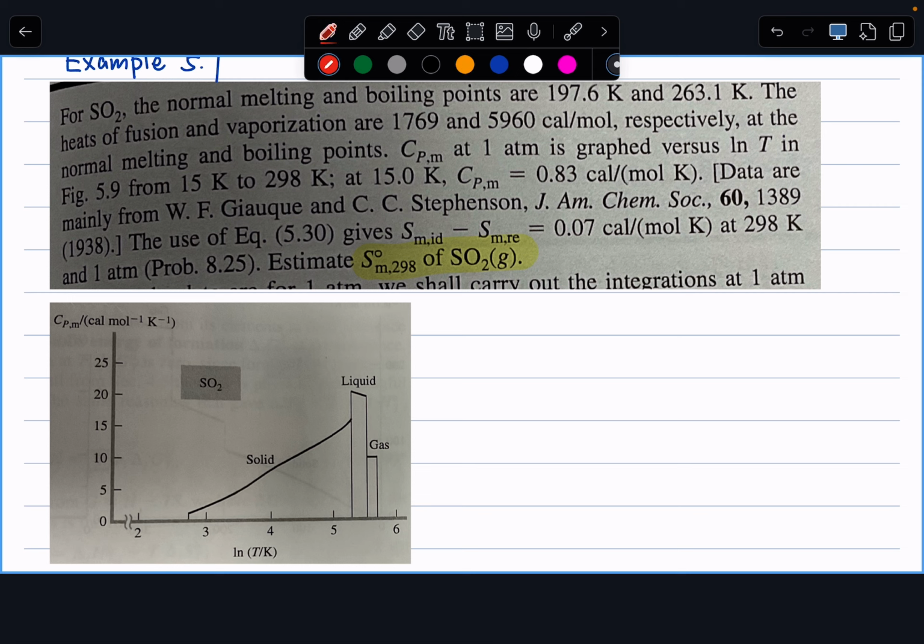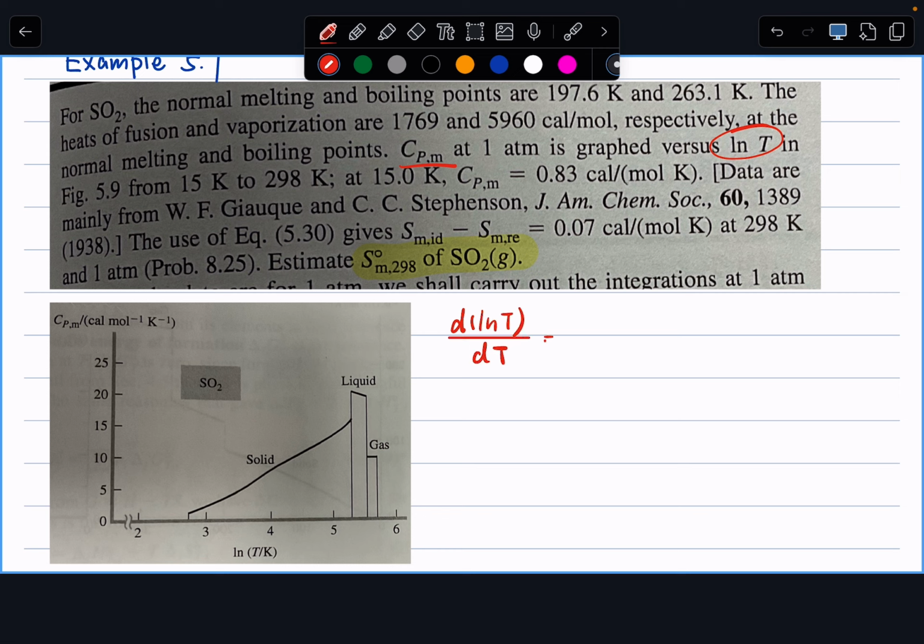We have a plot of CPM versus the natural log of temperature. So what do we know about the natural log of temperature? Here is a little bit of calculus: the differential of natural log of temperature over dT equals 1 over T. What does that mean?